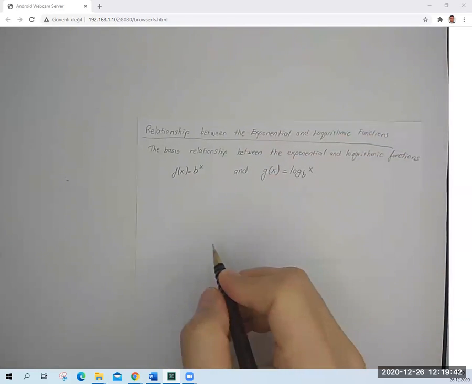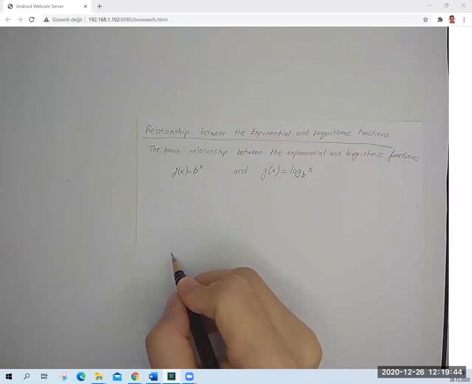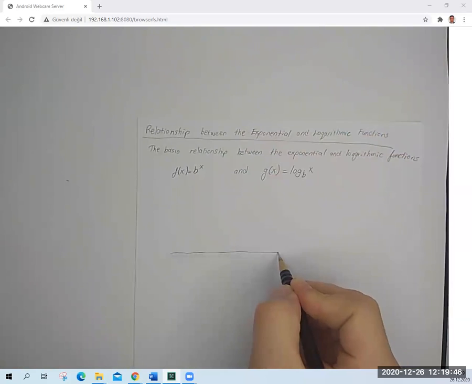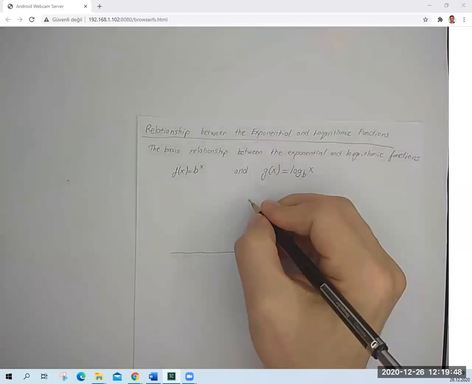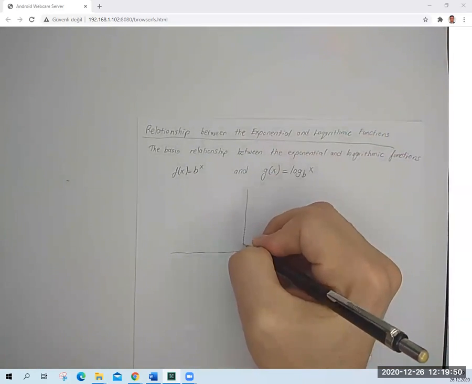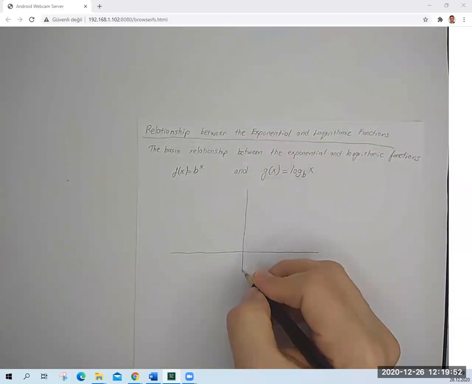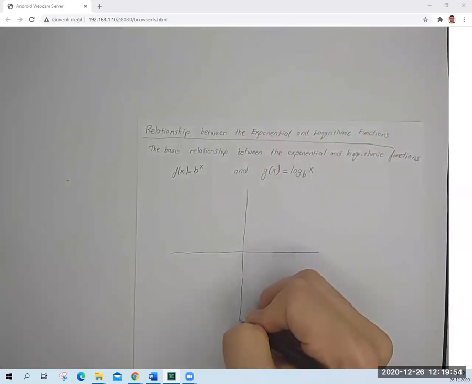Let's draw the graph form of those two functions on the x and y axes.